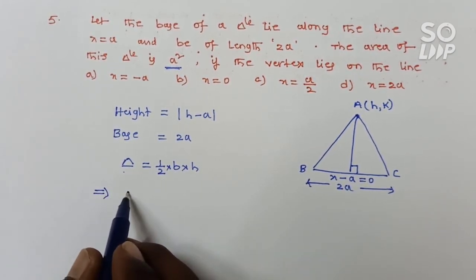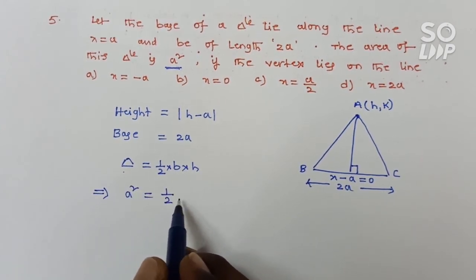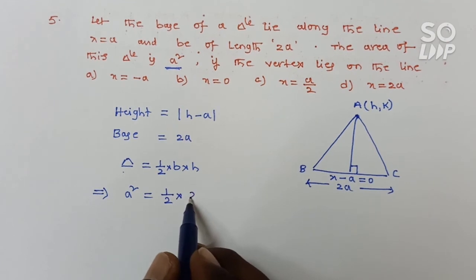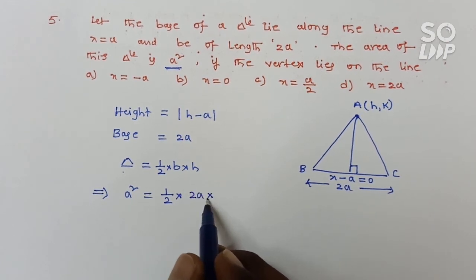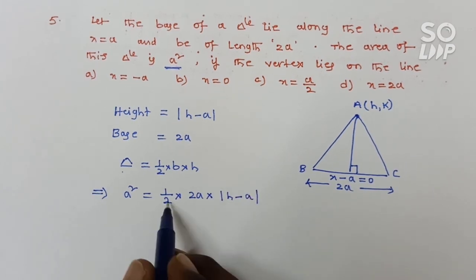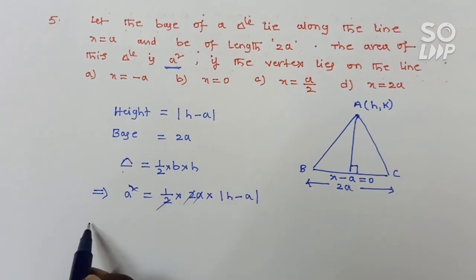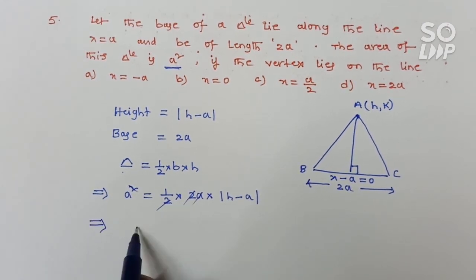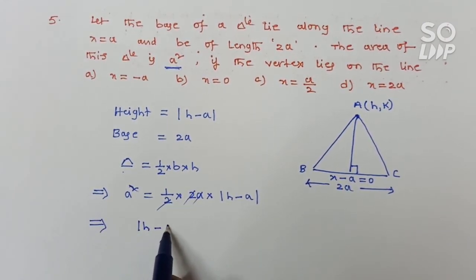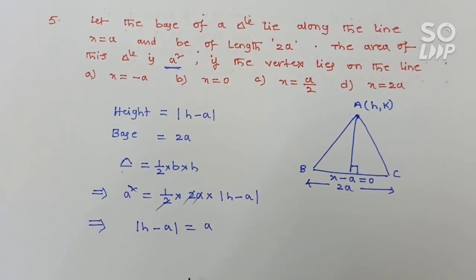That implies a square equals 1 by 2 into base 2a into height, modulus of h minus a. Here 2 and 2 cancel, and one a cancels. That implies modulus of h minus a equals a. The remaining value is a.